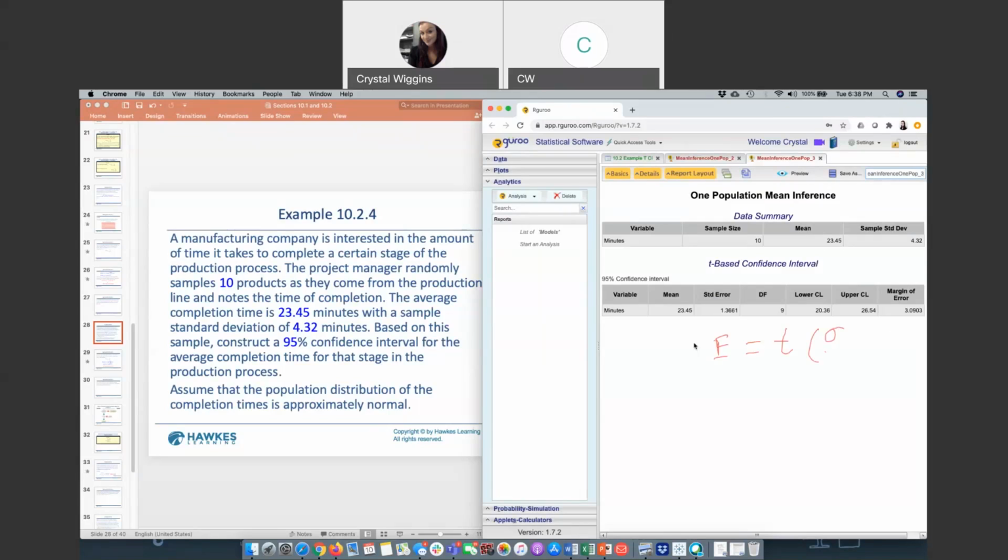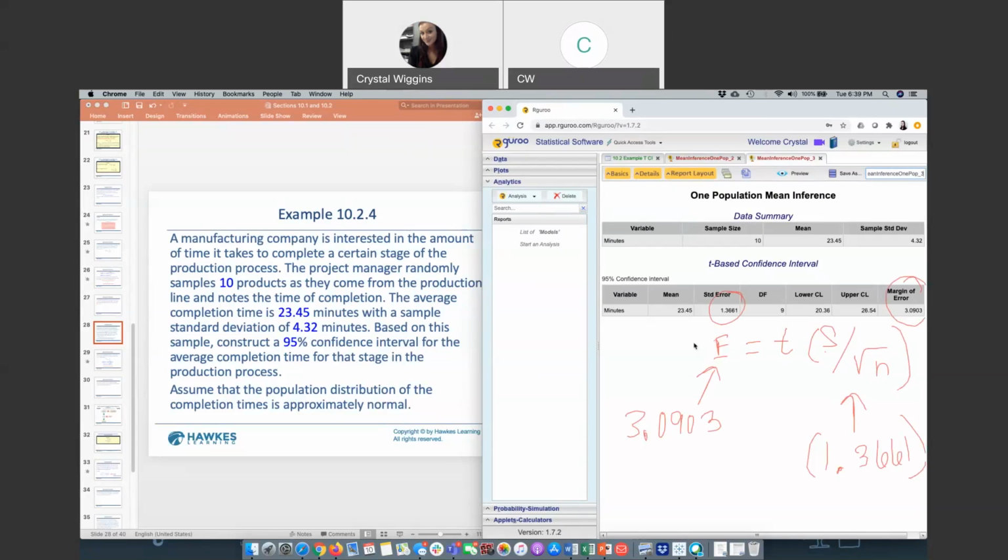Oh, wait, that's got to be an S. Okay, so since we know that the standard error is 1.3661, and since we know the entire margin of error is 3.0903, we can solve very easily for our critical value.